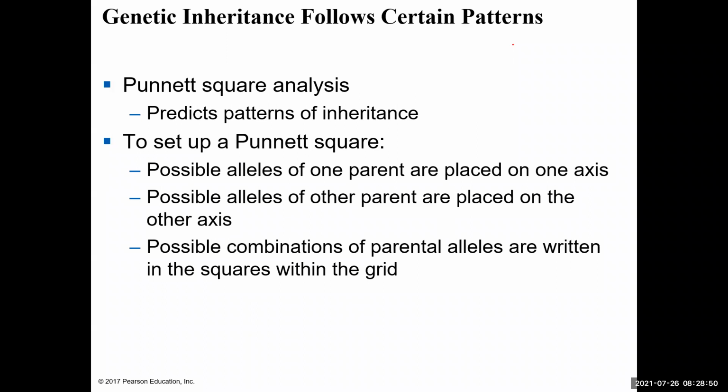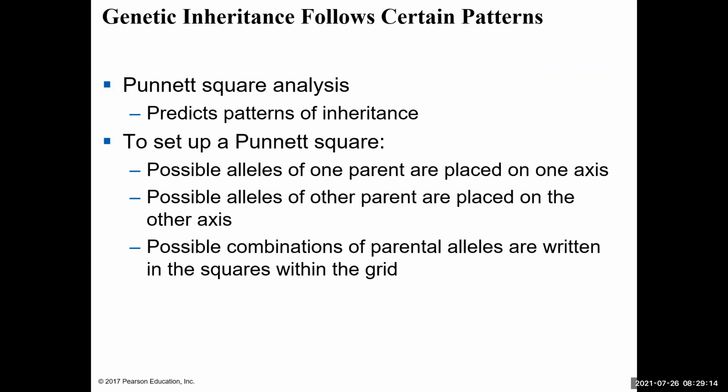Okay, so what we're going to look at now is how we can determine patterns of inheritance. There's an analysis called the Punnett square analysis, and this allows us to predict patterns of inheritance.